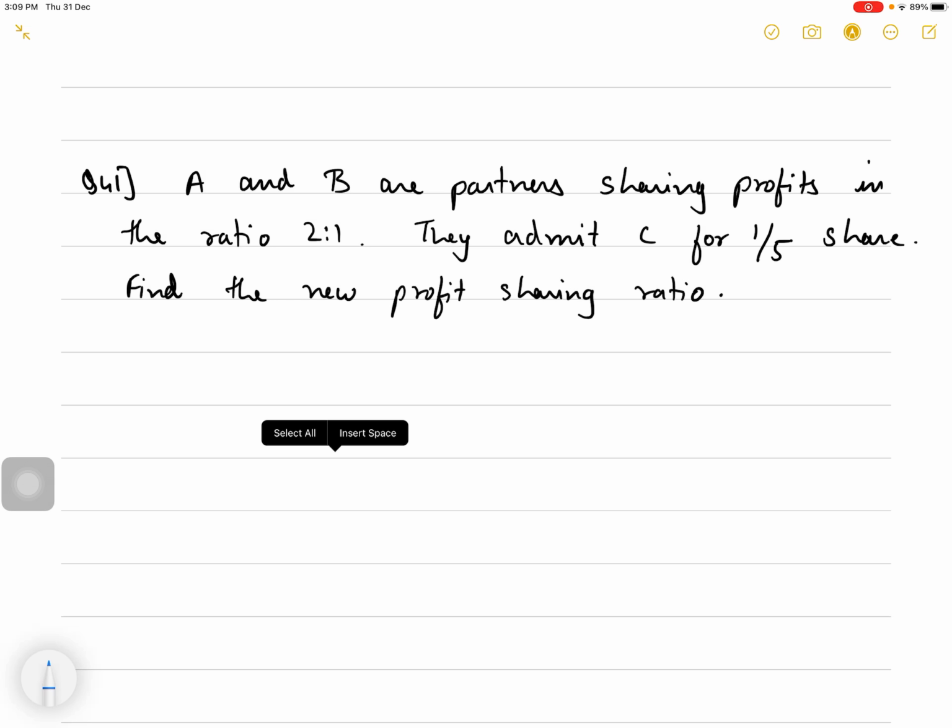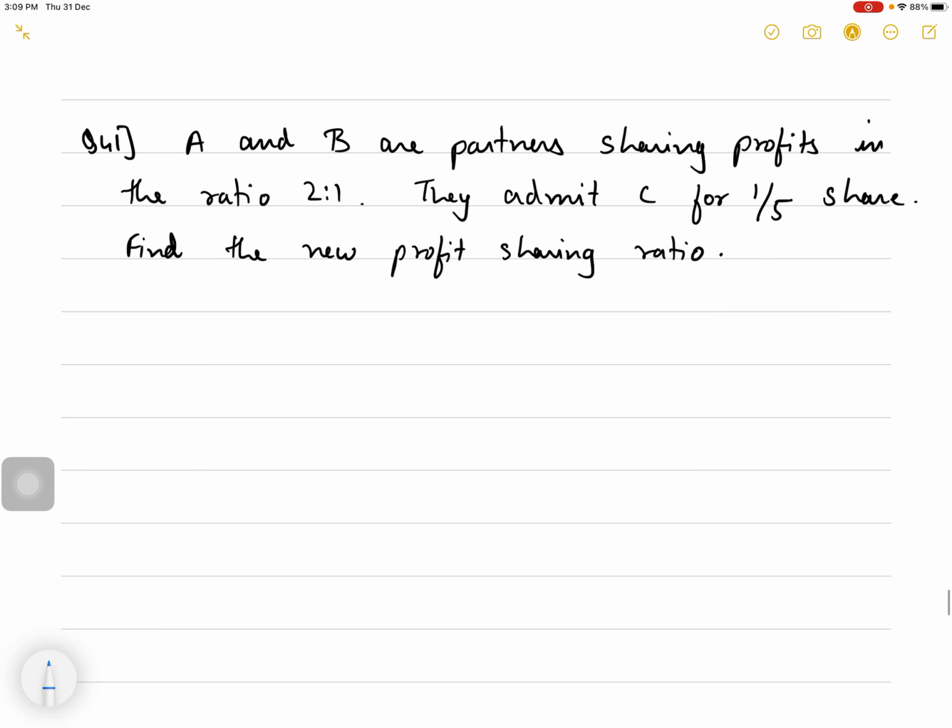You have studied this in accounts, correct? So old ratio is 2:1. C's share is 1/5. How do you do this? You have studied this in partnership accounts in 12th.